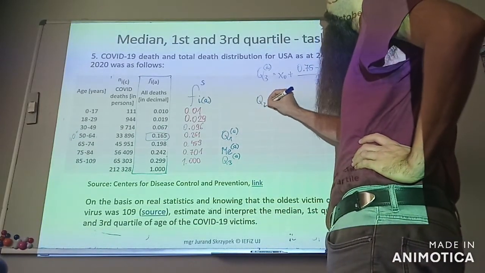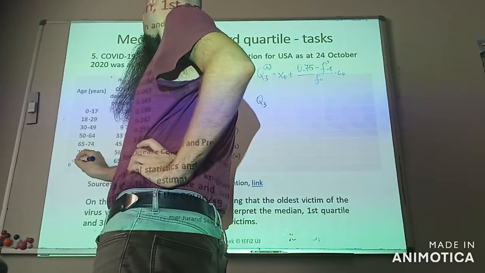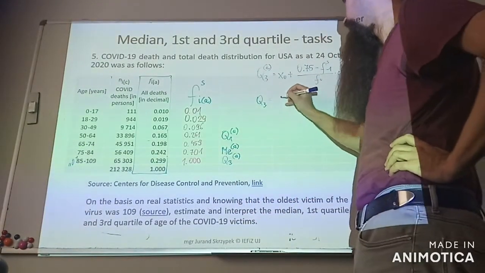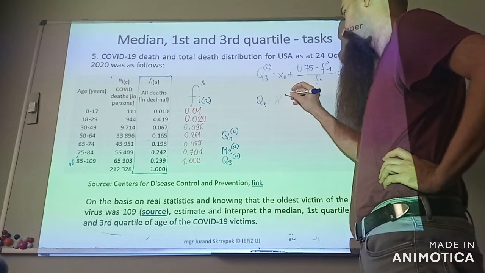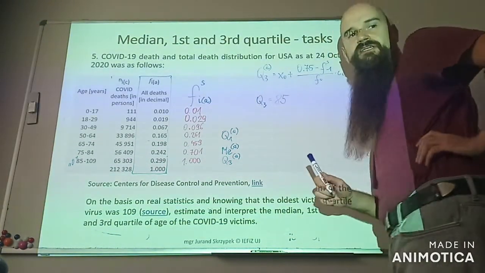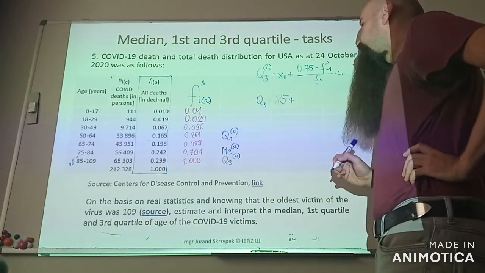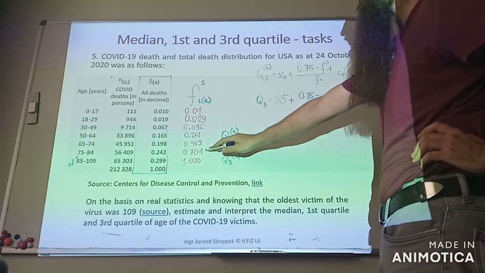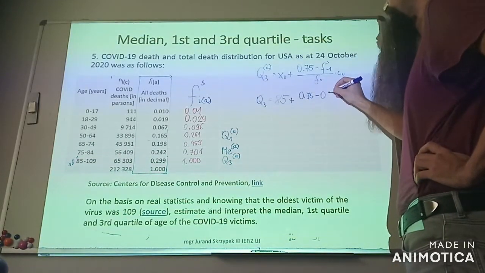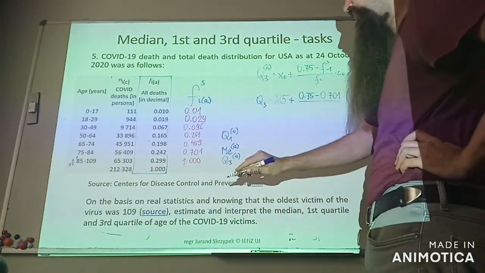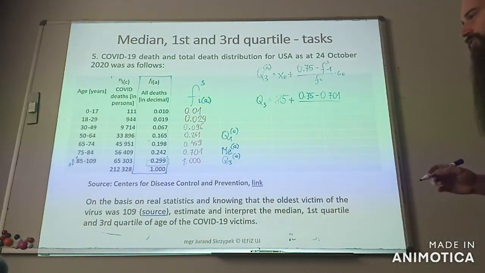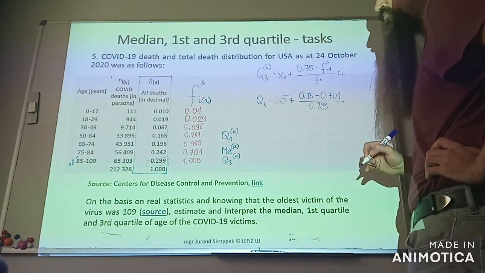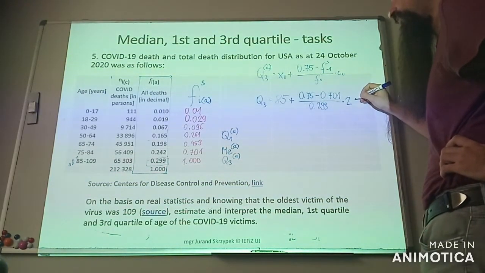Okay, so we change the zero level, and now we have what? x0 is the lower bound of the third quartile class, 85, plus 0.75 minus the cumulative relative frequency from the previous class, 0.701, divided by f0. f0 is almost 30%, 0.299, multiplied by the range of that class, as you remember, 24.